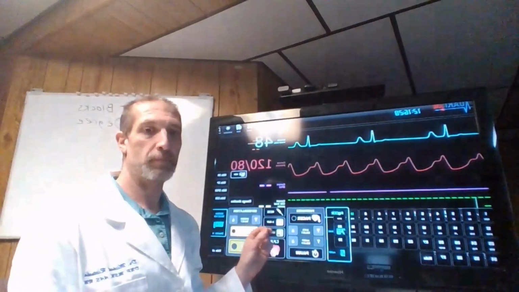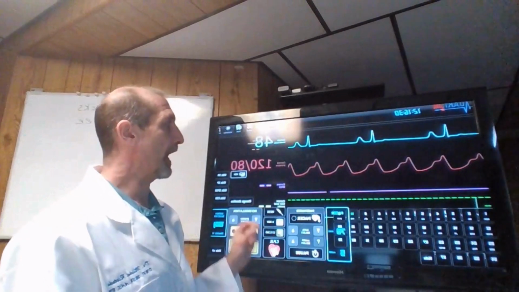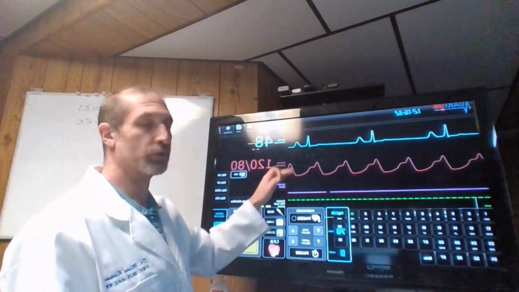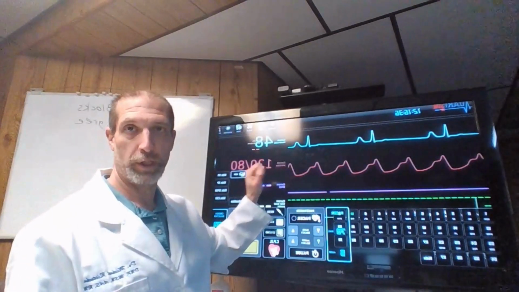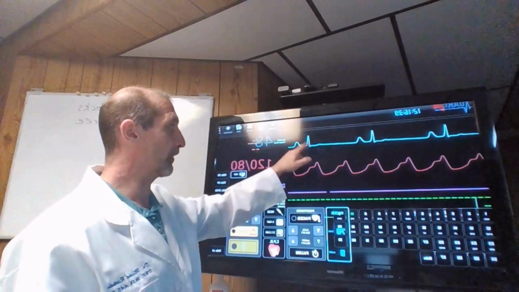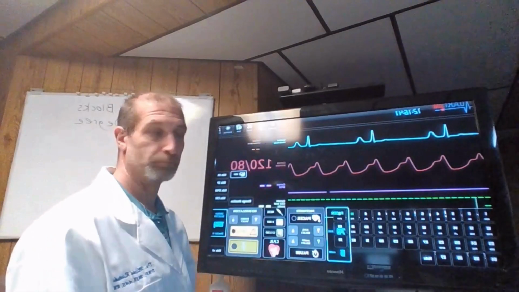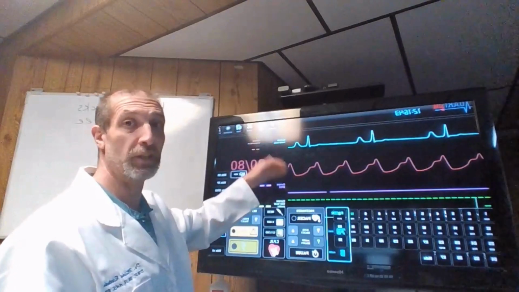Since we have a P wave, that is telling us that this has something to do with the SA node that is working. So it's going to tell us that this is a sinus rhythm. In this case, a sinus dysrhythm.